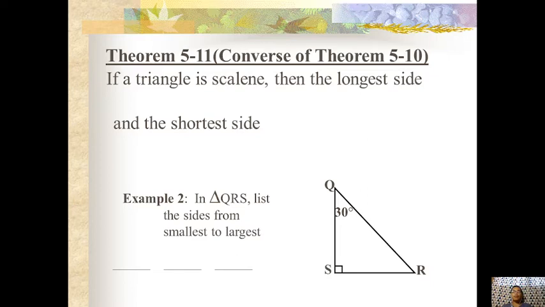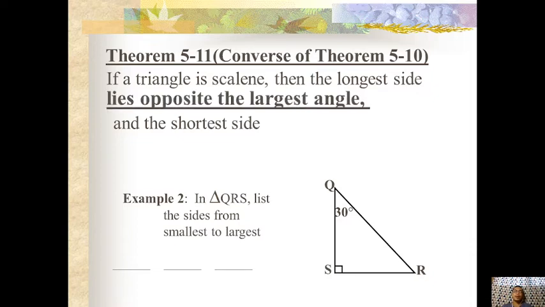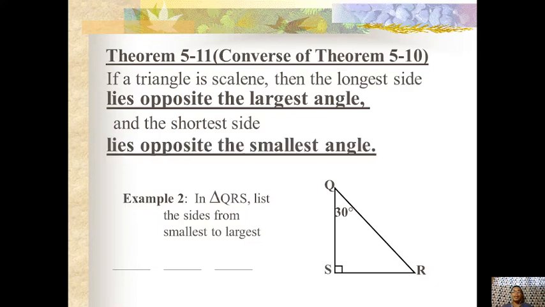So here in Theorem 5-11, if a triangle is scalene, then the longest side lies opposite the largest angle and the shortest side lies opposite the smallest angle. So in Example 2, in triangle QRS, list the sides from smallest to largest.